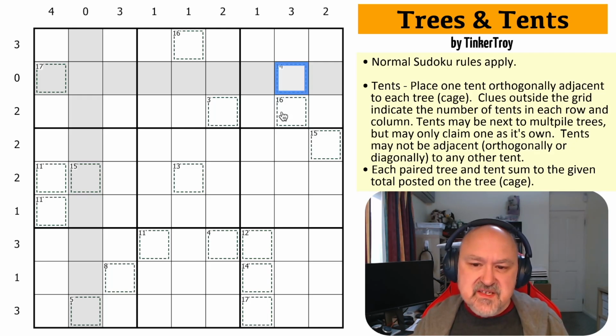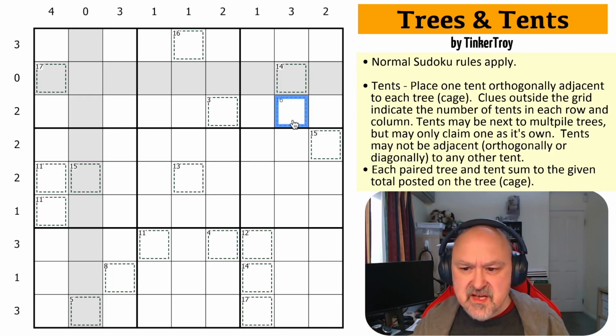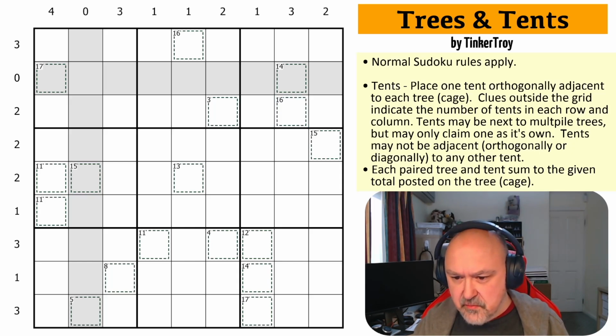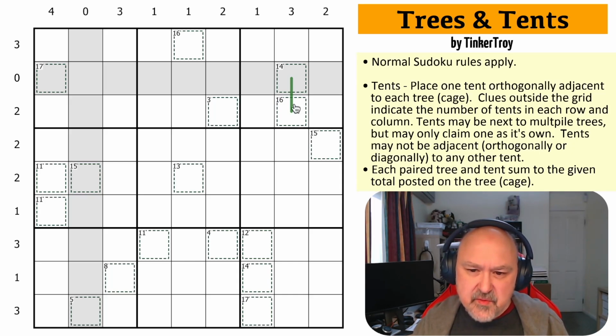Because if the one for this tent was here, because tents may not be adjacent orthogonally or diagonally, let's use a green line. That's not too bad. If that was the tent for 14, and that's what I'm using with this line, and I turned around and said this was a tent, then where would I put the tent for 16?